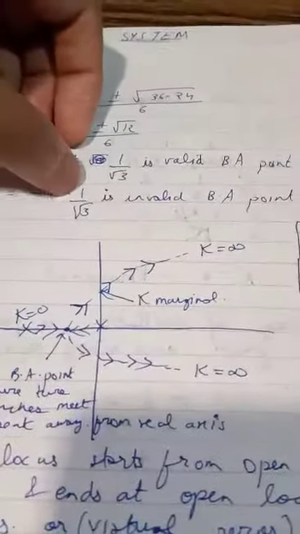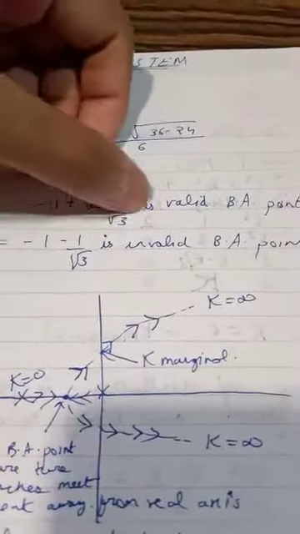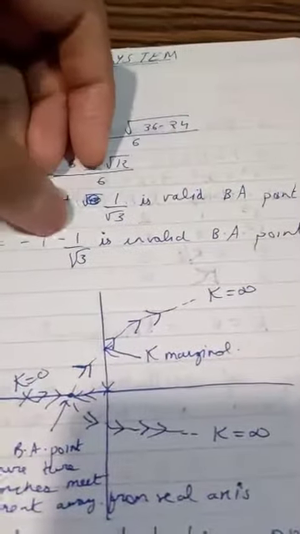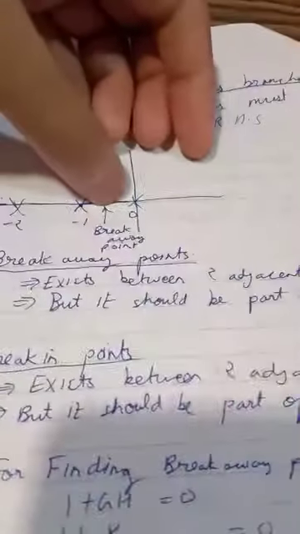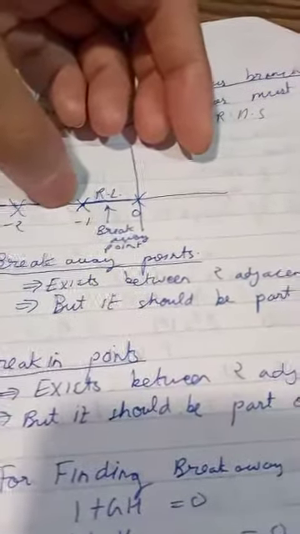So the value of s will be −1 + 1/√3 and −1 − 1/√3. So we have seen that −1 + 1/√3 is a valid breakaway point, whereas −1 − 1/√3 is an invalid breakaway point. So this is a valid breakaway point, −1 + 1/√3, and this is an invalid breakaway point.